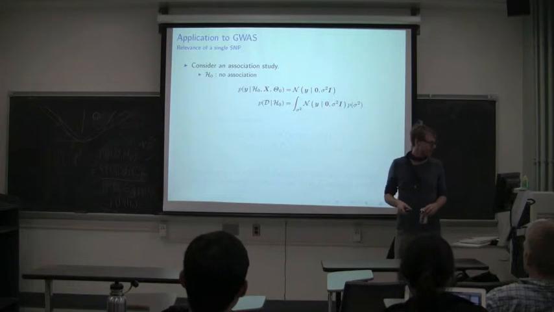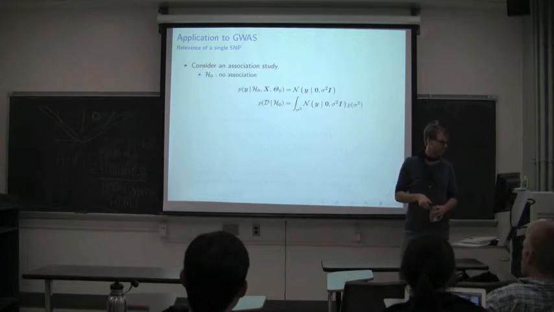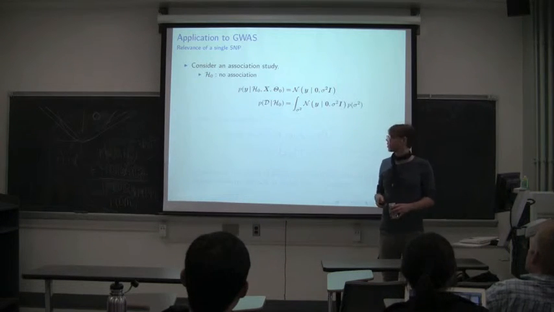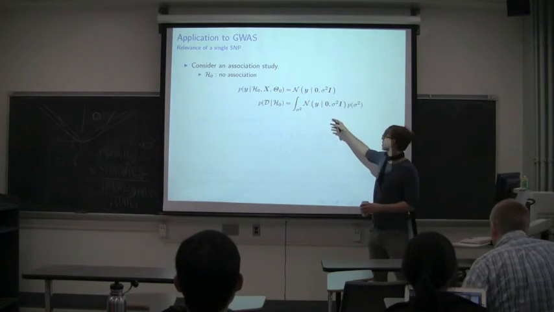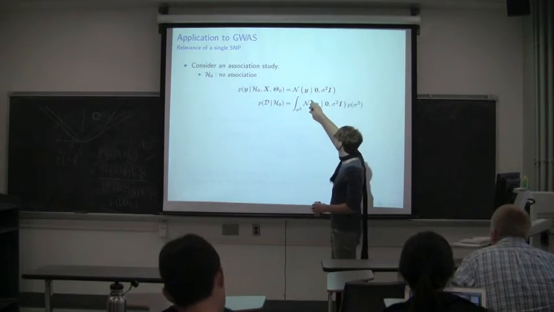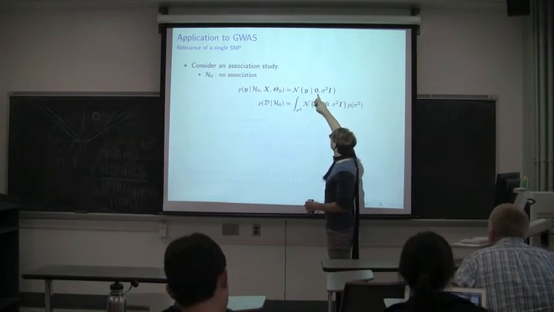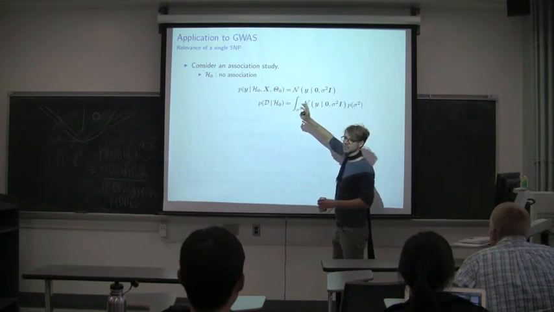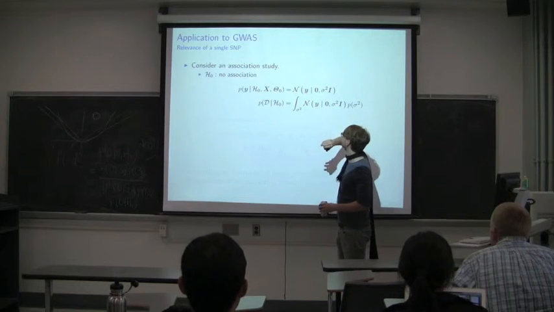So let's try to apply that to GWAS. Say our null model is that there's no association. So we just have a model that has zero mean, or say a constant mean, or zero means, so then we don't need the bias term.